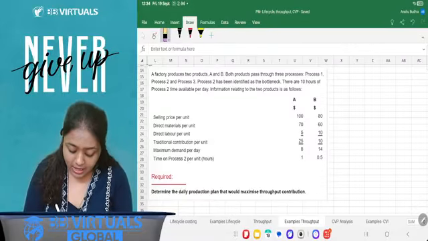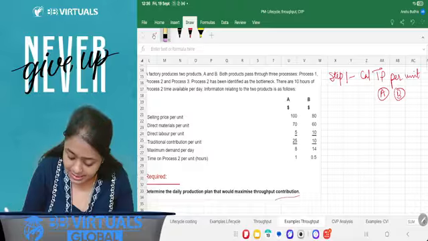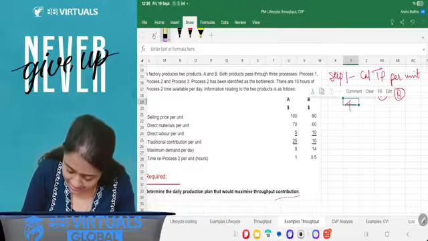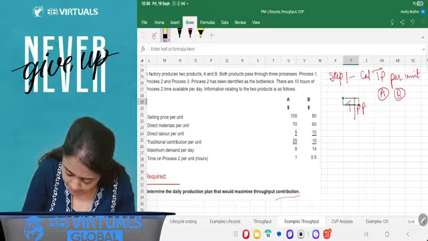So let's do it for product A and product B. What is the throughput per unit for product A? 100 minus 70, because we will take selling price less material cost per unit. 100 minus 70 is 30. I will write here throughput per unit, 30. What is throughput per unit for B? It is 20. Clear? Now go to step 2. Step 2 says calculate throughput.